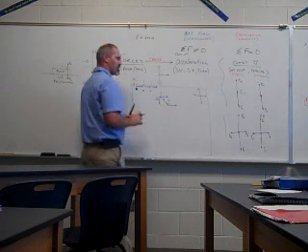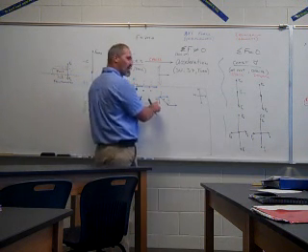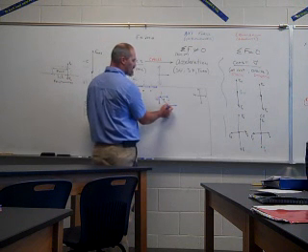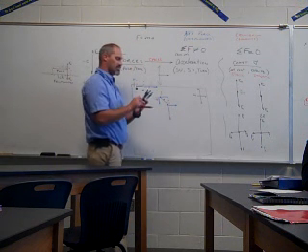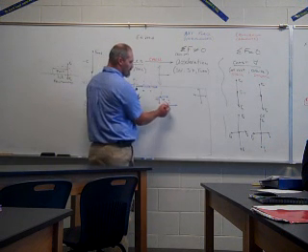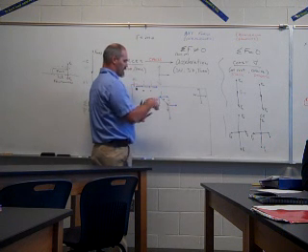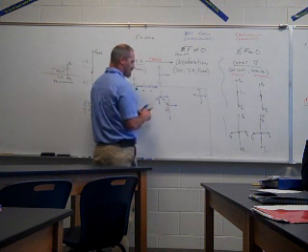Therefore, I still have no net force in the east direction. I do, however, have an acceleration in the south direction. So my velocity arrow will become larger. My acceleration arrow stays the same, and my force arrow also stays the same and in the same direction.